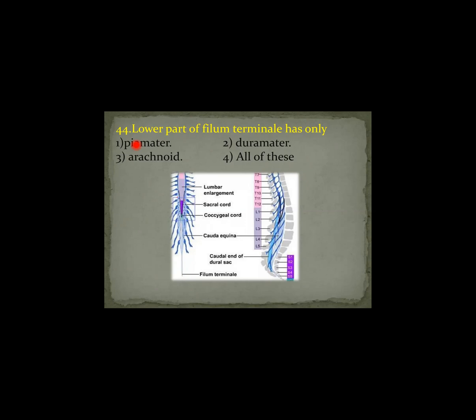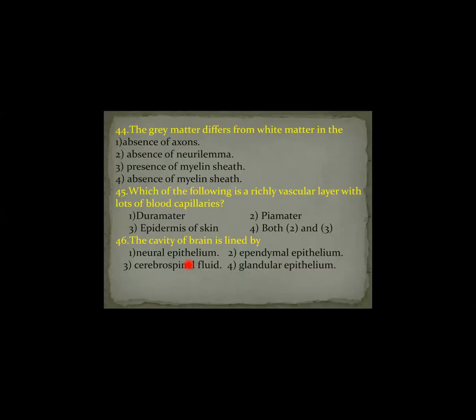The meninges are dura mater, arachnoid mater, and pia mater. So this pia mater extends up to the coccygeal vertebrae in the form of a filament. That filament-like structure we call filum terminale. Therefore, the answer is the first option. Next question.